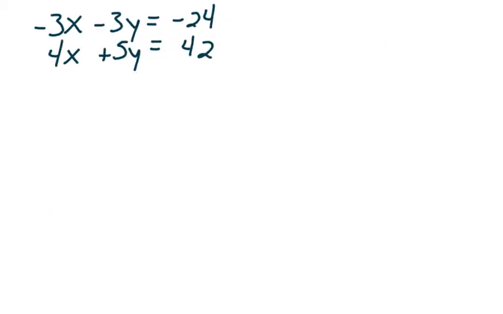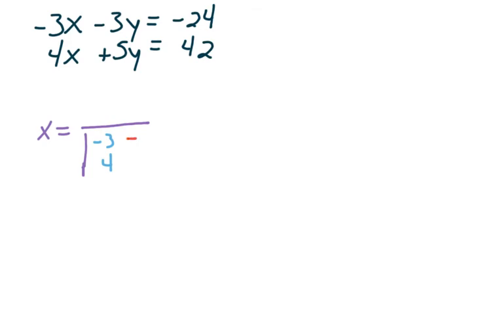Let's do another. Since I don't have it set up here, maybe I'll have a little bit better spacing. So again, x is going to be equal to, and I always put my coefficients on the bottom first, so it's negative 3 and 4 are my x values.